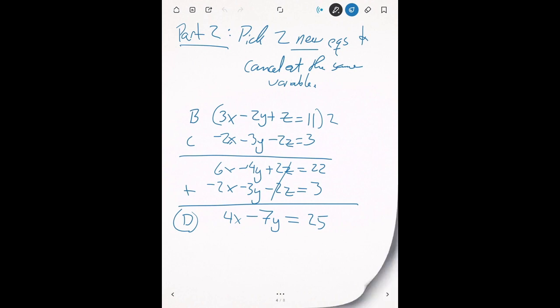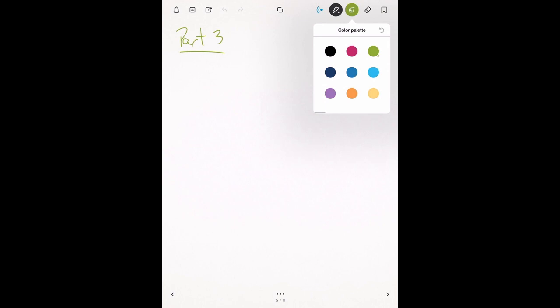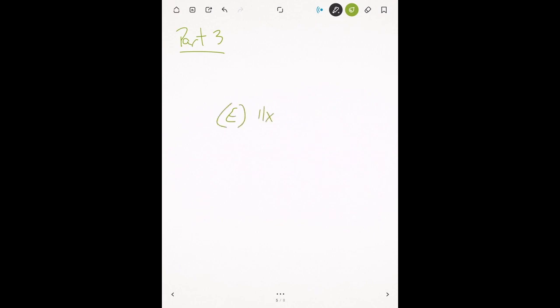What do I do when I have these two equations that I produced? I'll write them down again here. Equation E is 11x minus 5y equaling 26. And equation D is 4x minus 7y equaling 25. What do you think we should do here?